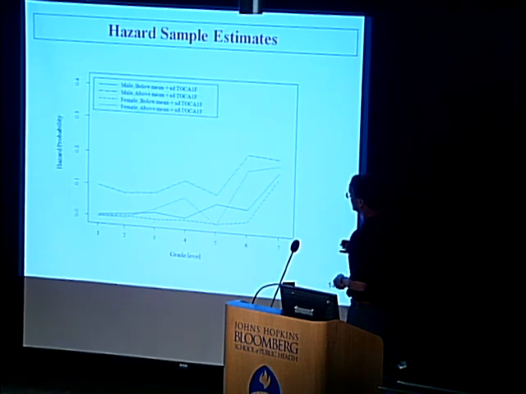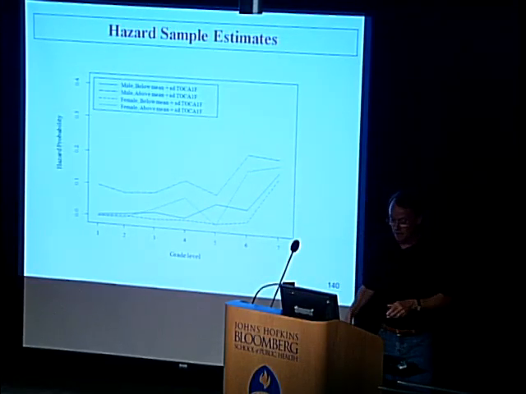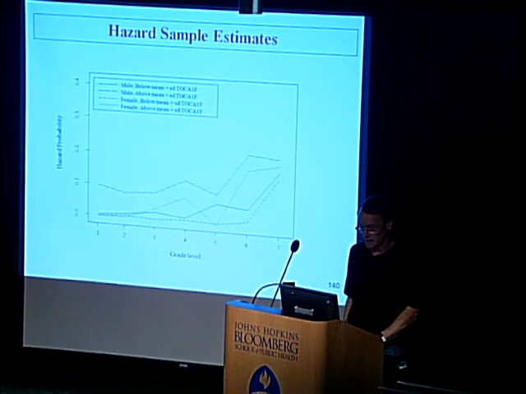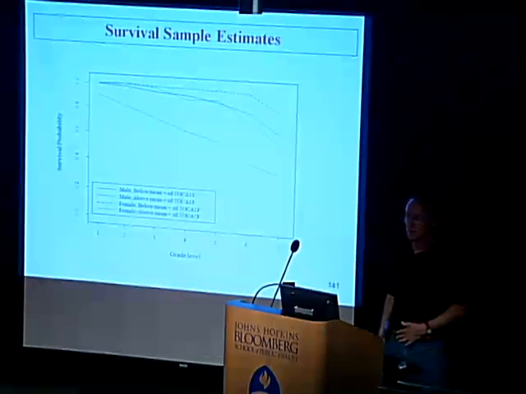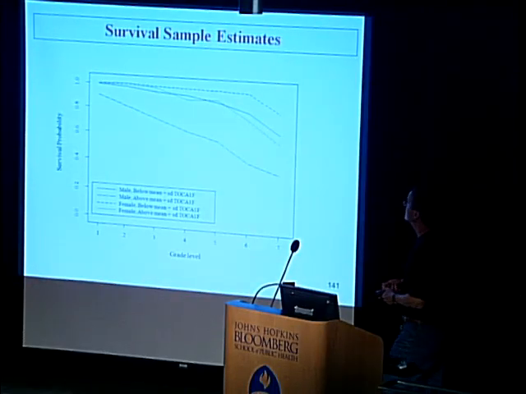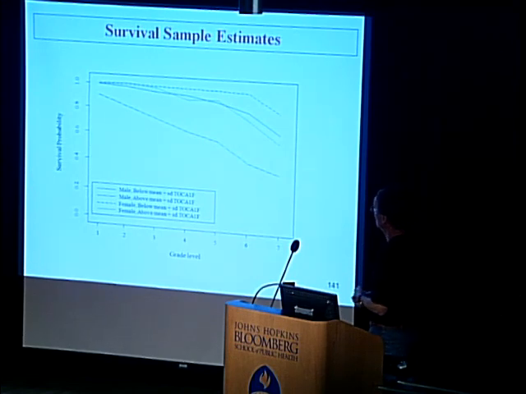A new feature in Mplus version 6 is that these hazard functions can be plotted directly in Mplus. And not only that, but the survival curves can also be plotted. So here it's a survival curve which says what the probability is to not be removed from school. To survive means to not be removed.